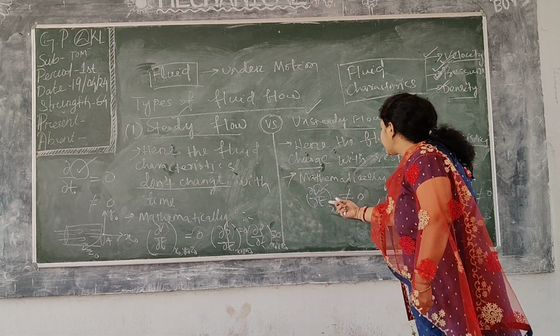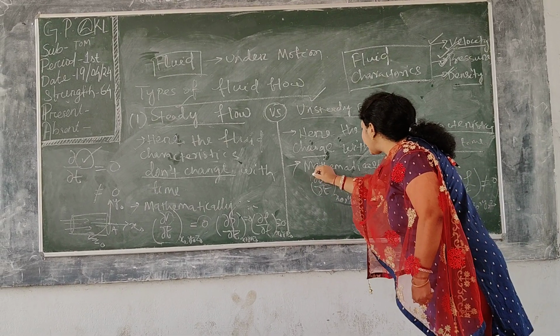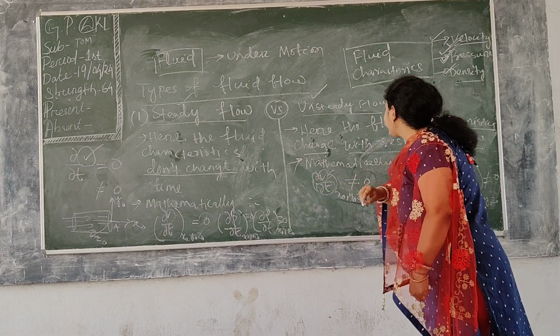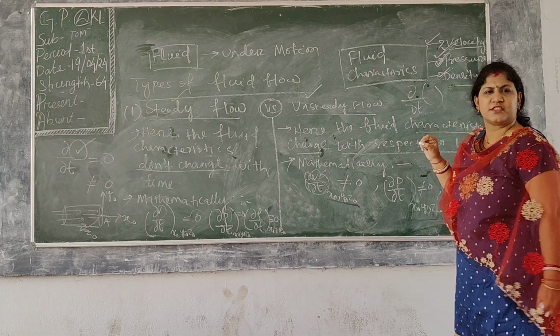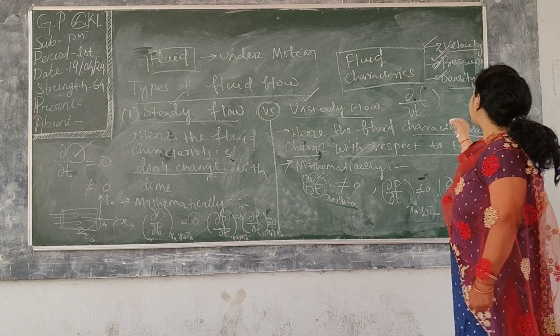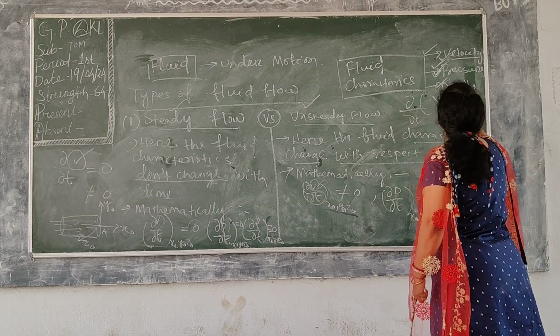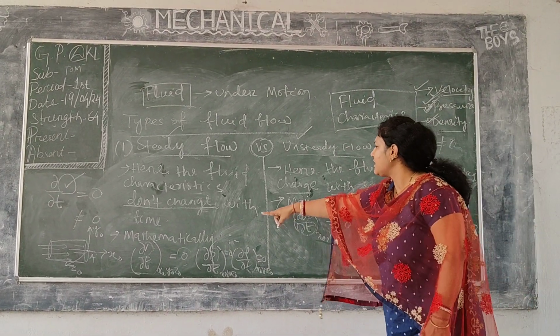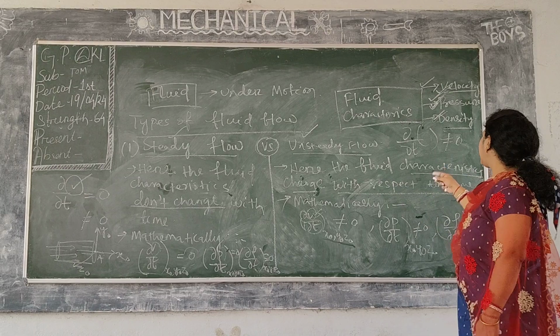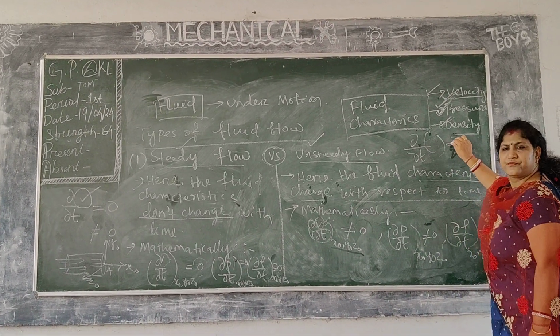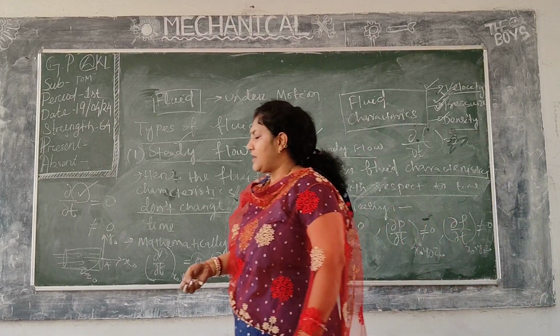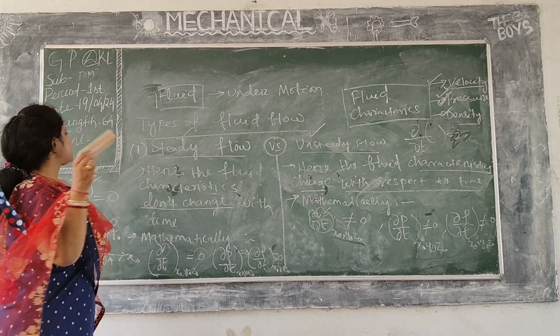If change happens, then change means d by dt in mathematical form. Change is d by dt of something. This is known as change mathematically. So this cannot be equal to 0. But there, where they don't change, the deviation is 0. Understood?